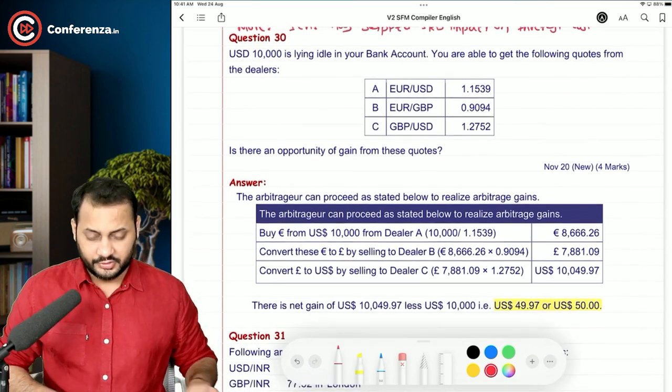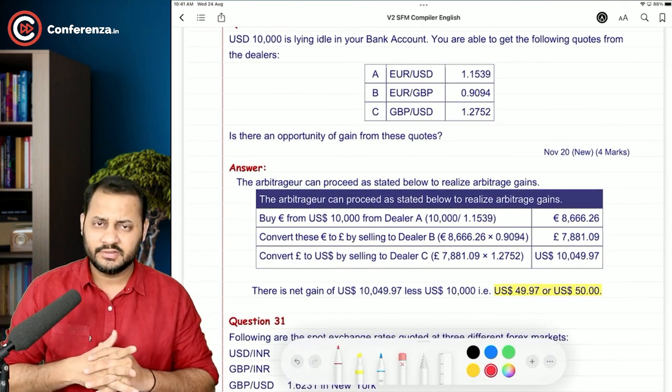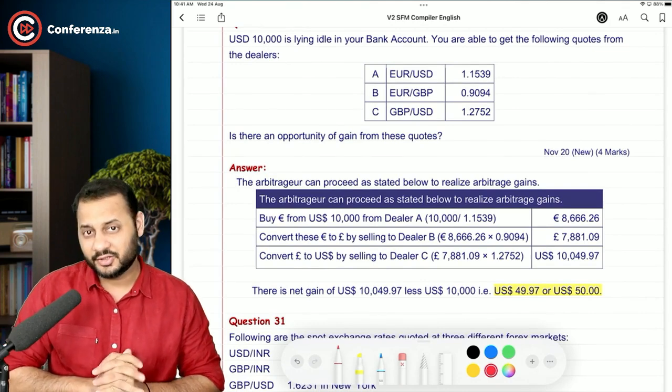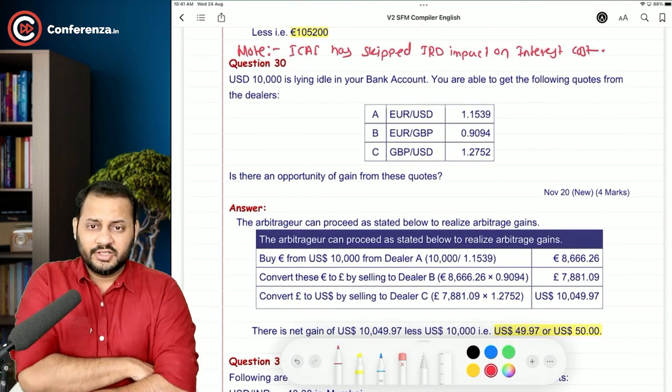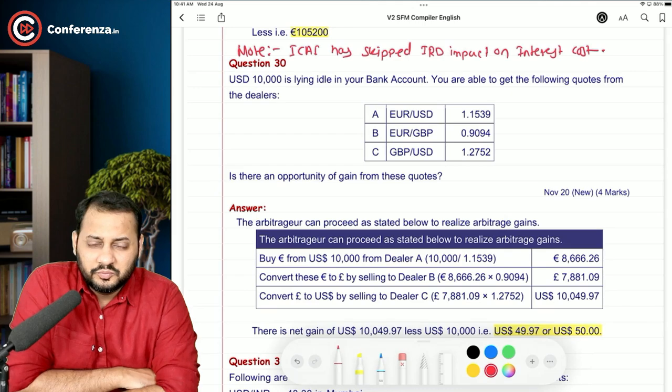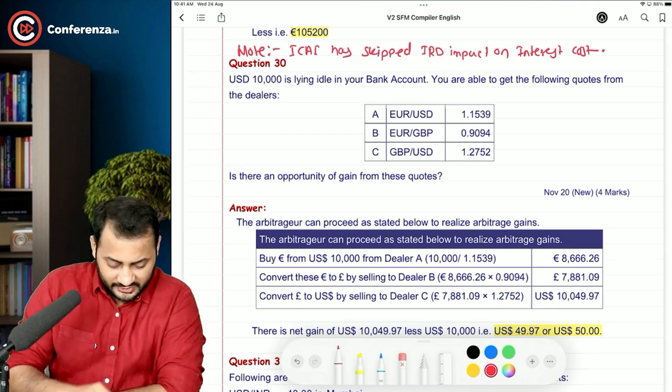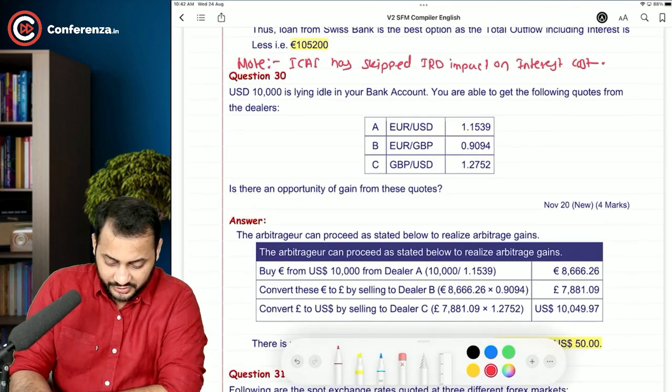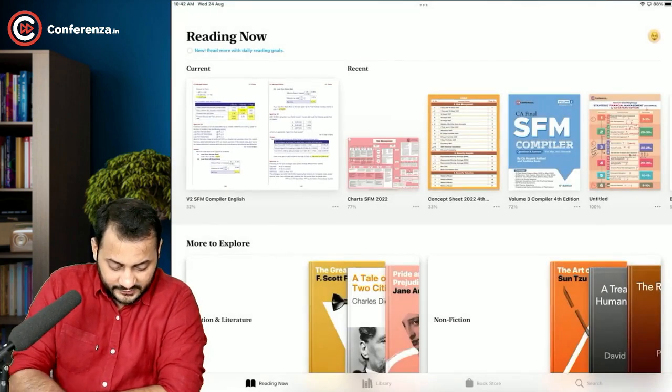Have a look at this question. Question number 30. Pretty easy one. This is related to arbitrage. USD $10,000 is lying idle in your bank account. I think we are starting with the arbitrage part from this question. Let's go through the concept notes first.